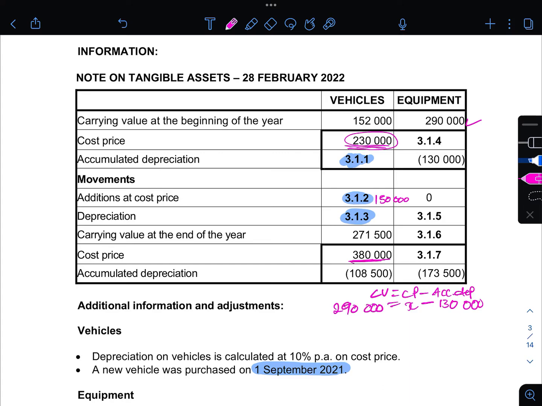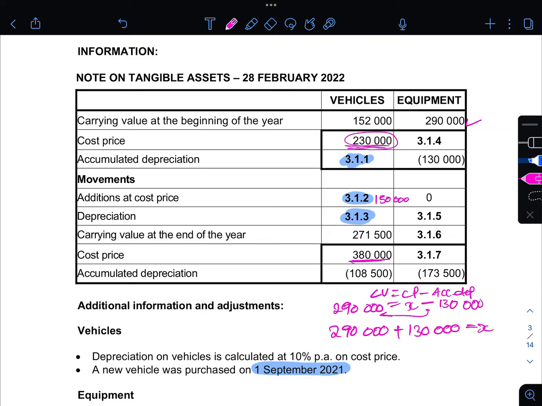Okay. So now what you do is simply solve for x. You take 290,000 plus 130,000, because this is a negative. When you take it this side, it becomes a positive, is equal to x. Okay, so let's add the two numbers and see what we get.